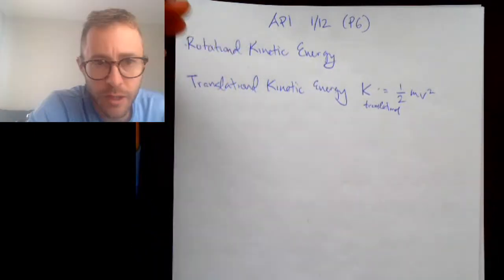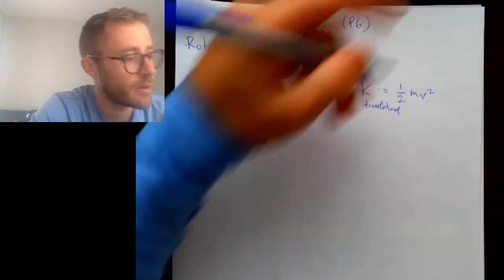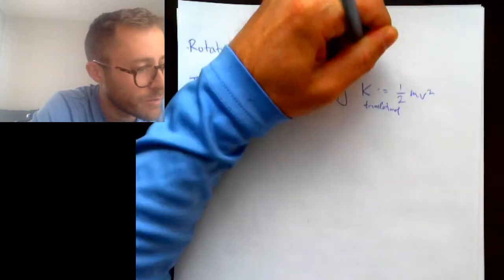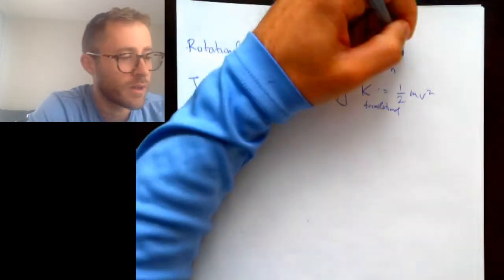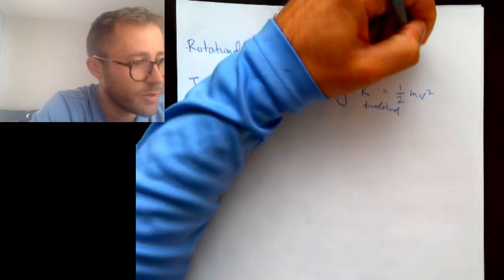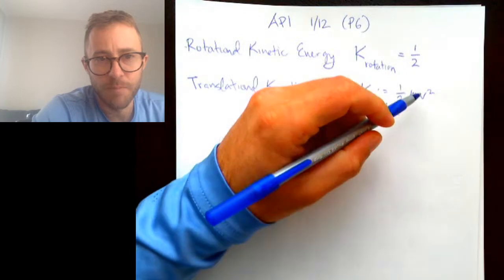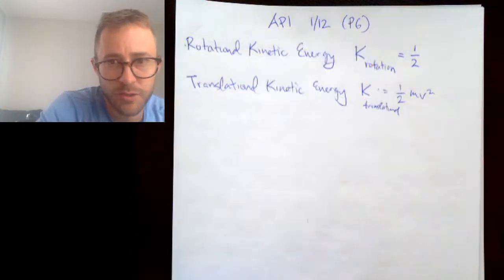So rotational kinetic energy has to do with how fast you're spinning. The kinetic energy of rotation is analogous to the translational kinetic energy. You might recall that we talked about this analogy between linear motion and rotational motion.